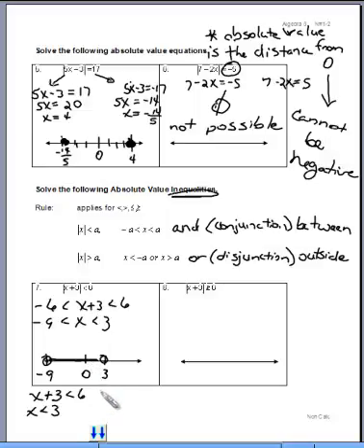But when I set up my second equation, x plus 3 and negative 6, you have to turn your sign around because it's like dividing by negative 1. So this would be greater than, and then when I solve it, I have x is greater than negative 9 when I subtract 3 from both sides.